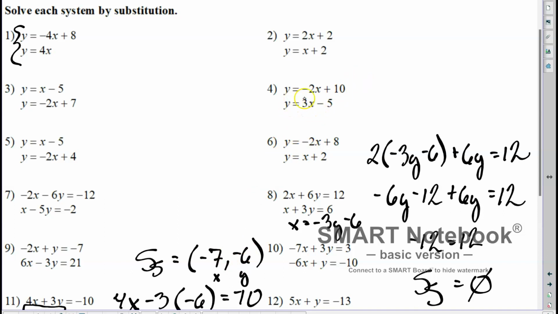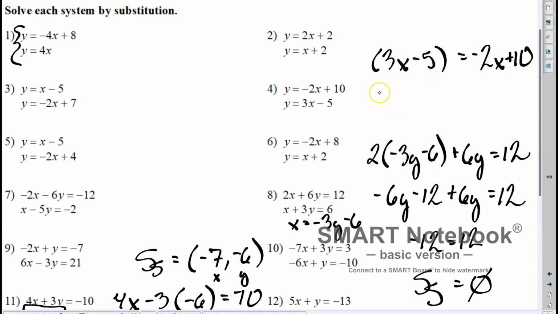So I can't box it in, I don't have it. So I am going to take this and put it up here. So I have 3x minus 5, this came in here, minus 2x plus 10, and let's take care of the math.